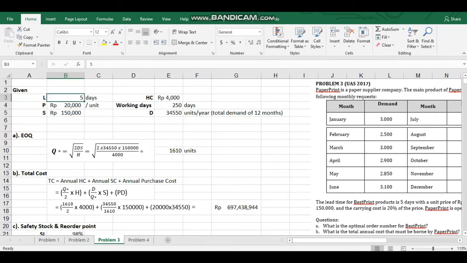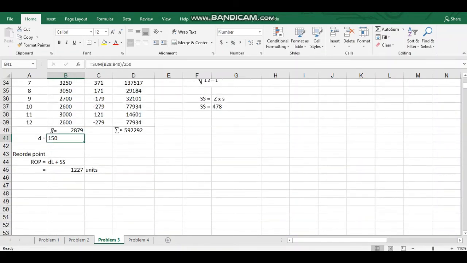So 5 days times 150, and then plus the safety stock, which is 478 units. And here we finally got 1227 as our reorder point. So when the inventory is reaching this number, we have to place an order to our supplier again for replenishment.